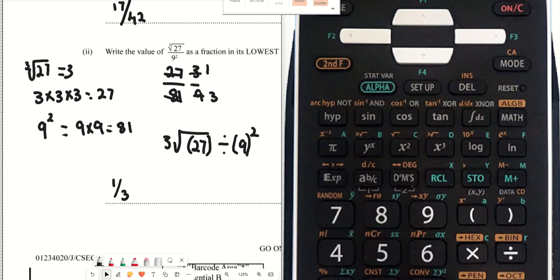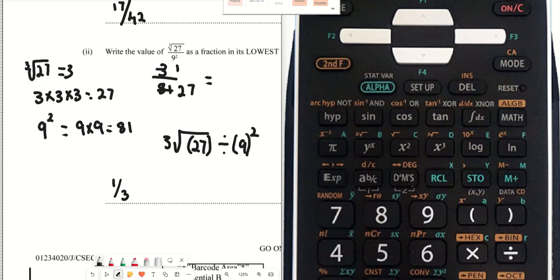So where I went wrong is, I put 27 over 81. It is not 27, it is 3, because they said the cube root of 27. So this is supposed to be, let's erase this, the cube root of 27 is 3 over 9 squared is 81, right? 3 into 3, 1, and 3 into 81 is 27.